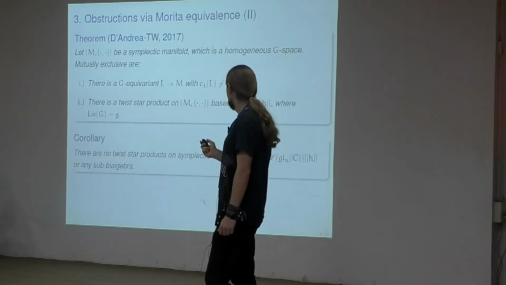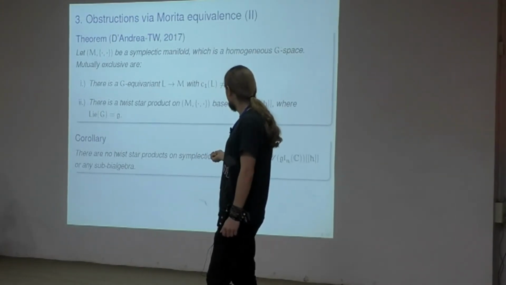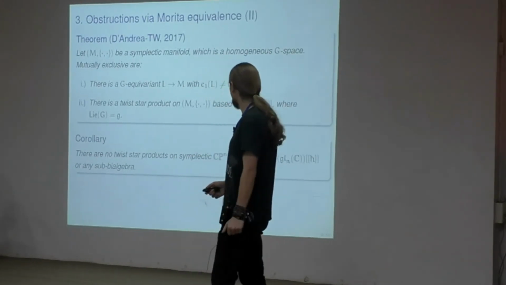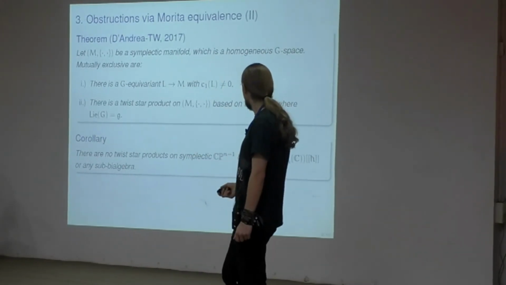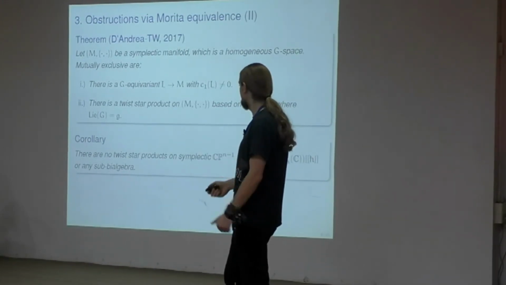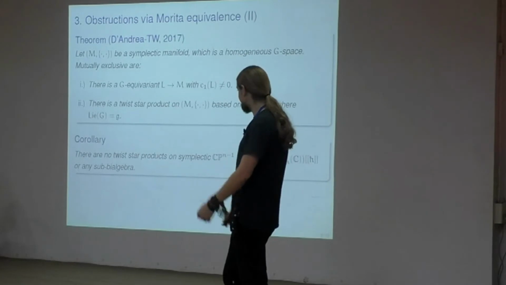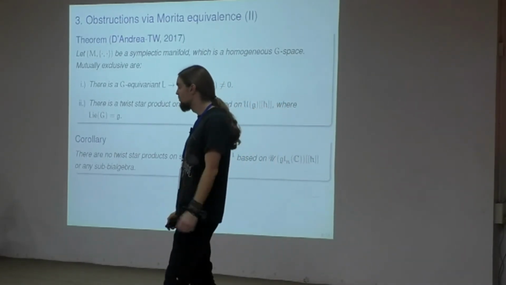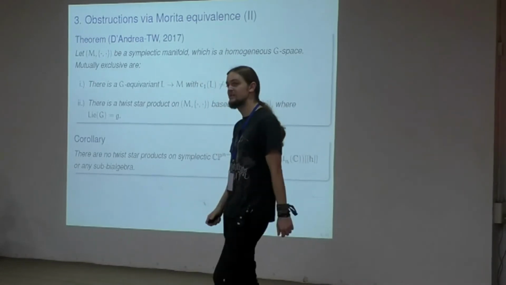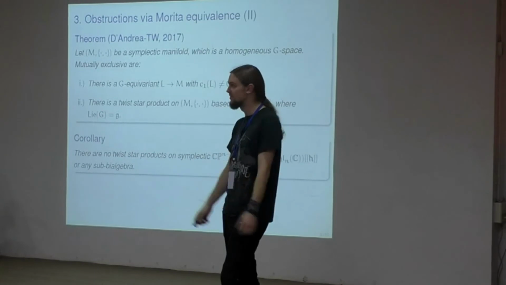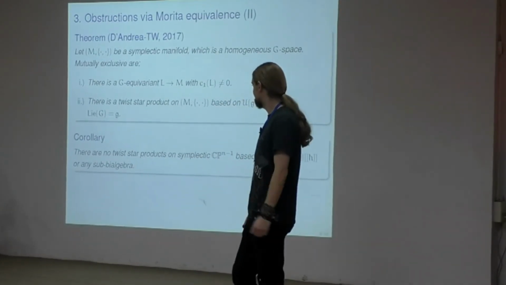Okay, and what you get from this is that you cannot have any twist star product on the symplectic CP^(n-1) based on U(gl_n(C)) for any sub-Hopf algebra. And so this includes also the Bordemann-Waldmann type star products from Martin Schlichenmaier, which is a huge class of star products.